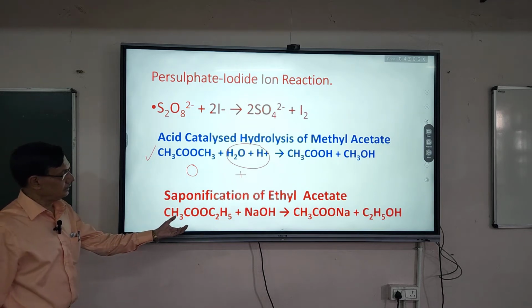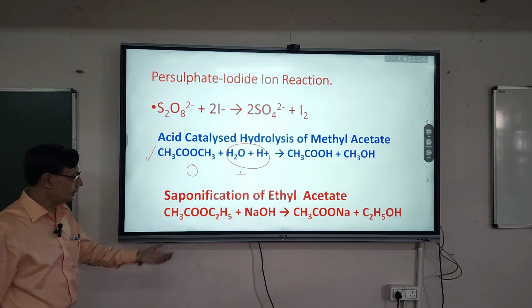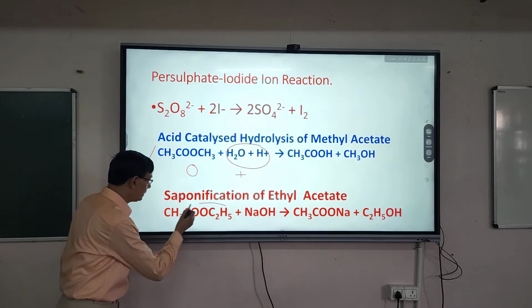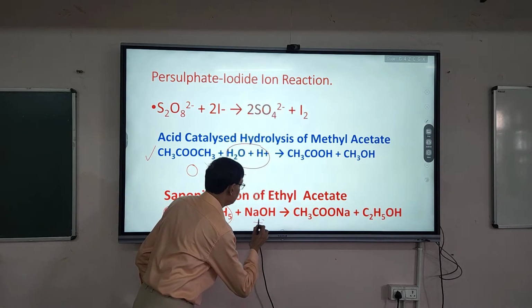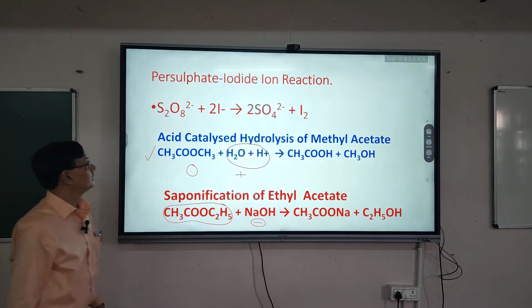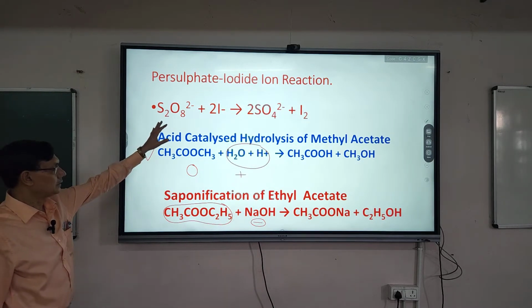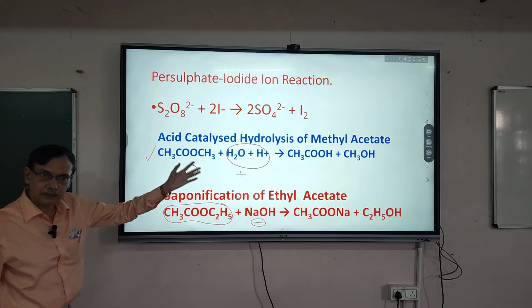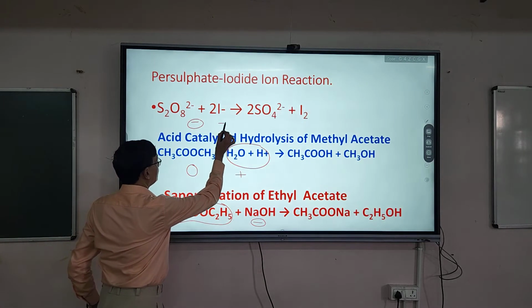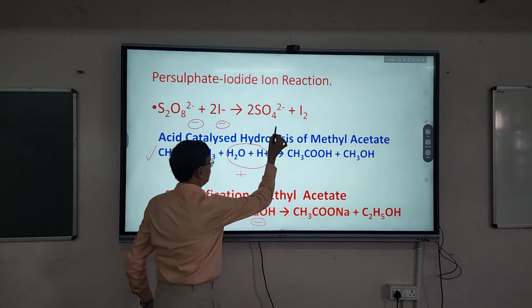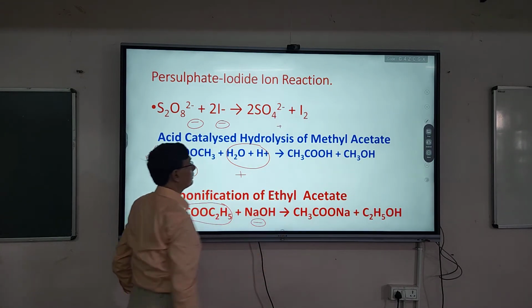Similarly, if I take the saponification, this is a neutral species and this is a negatively charged species. If I use the potassium persulfate and KI reaction, it is negatively charged, it is also negatively charged, so the result is positive.